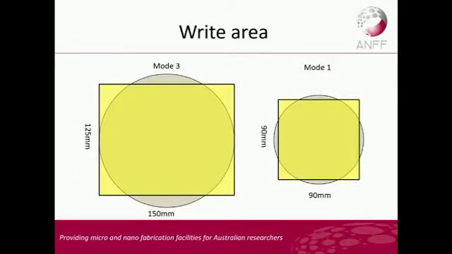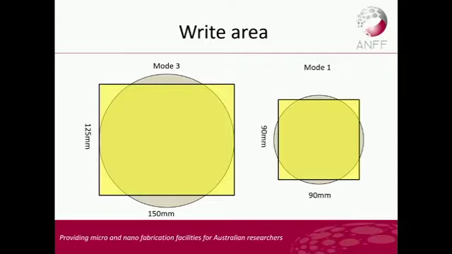And then also the write area is different between the two. I'm showing a mask sitting on top of a wafer. Sorry, not the mask, but the write area. This is the available write area on mode 3 on top of a 6-inch wafer. So you can't write to a full 6-inch wafer.